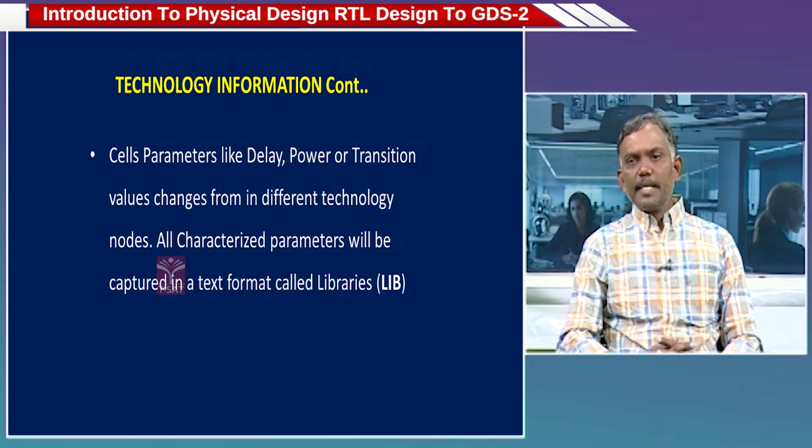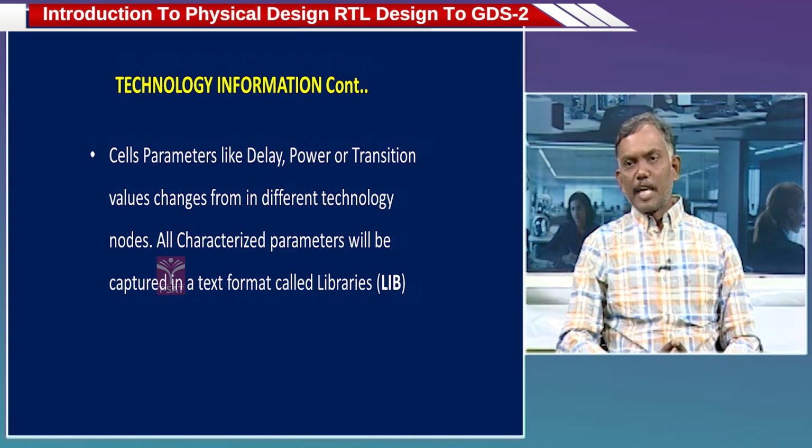Then timing libraries. If you recollect from your academics, every gate has delays, like propagation delays. Meaning, by giving the input, at what time you will see the response at the output. That is called cell delay. Similar to cell delay, you have the power consumption values and area of that cell, and the output transition times, 0 to 1 and 1 to 0.